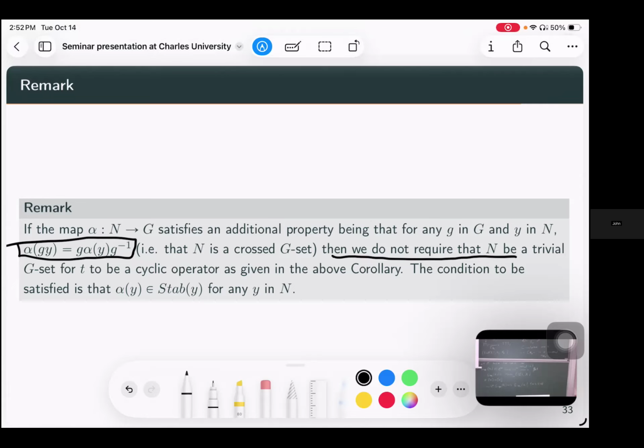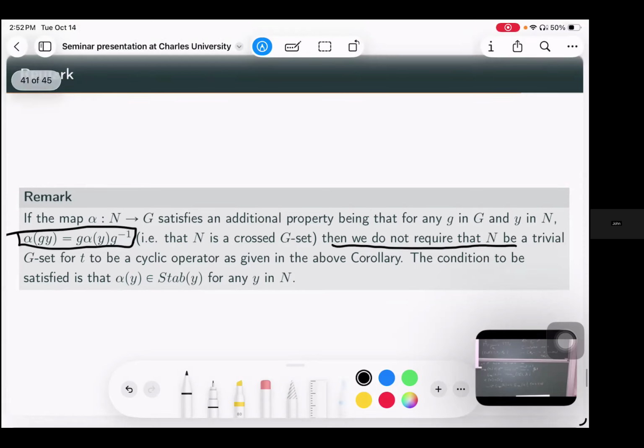But if we don't want N to be trivial, and want N to be any general G-set, then there must be this additional structure that alpha must satisfy. That is, N must be a crossed G-set, and we would need that alpha(y) should be in the stabilizer of y for any y in N.